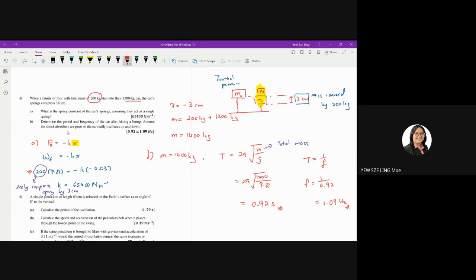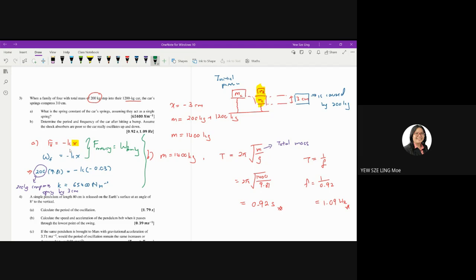So for the restoring force, the restoring force is actually equal to W, the weight of the family. If you compress it with 200 kg, then according to Newton's third law, the spring will try to push back with the force of 200 kg's weight. So the family pushes it down by that much, and the spring pushes back with the same force, according to Newton's third law.